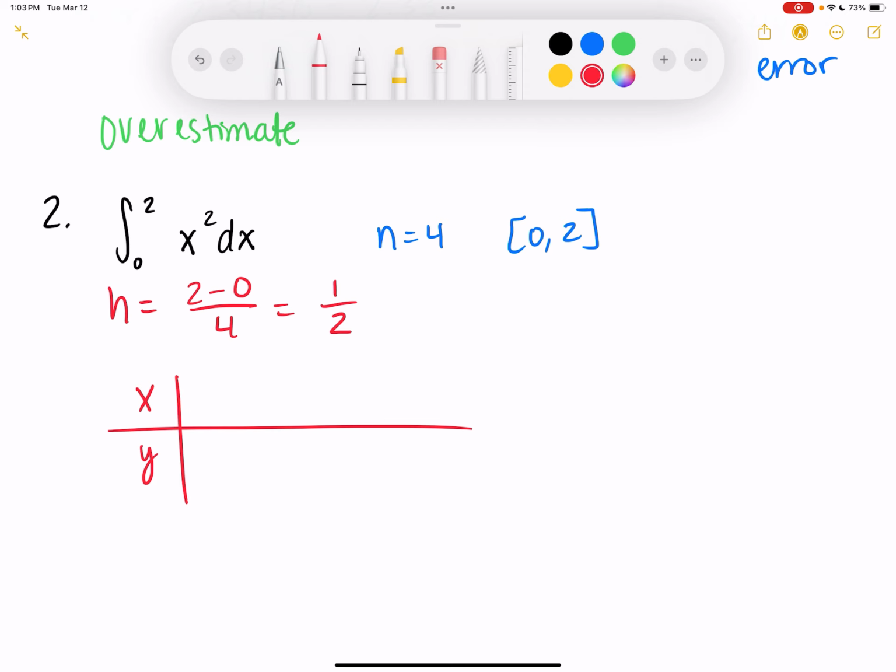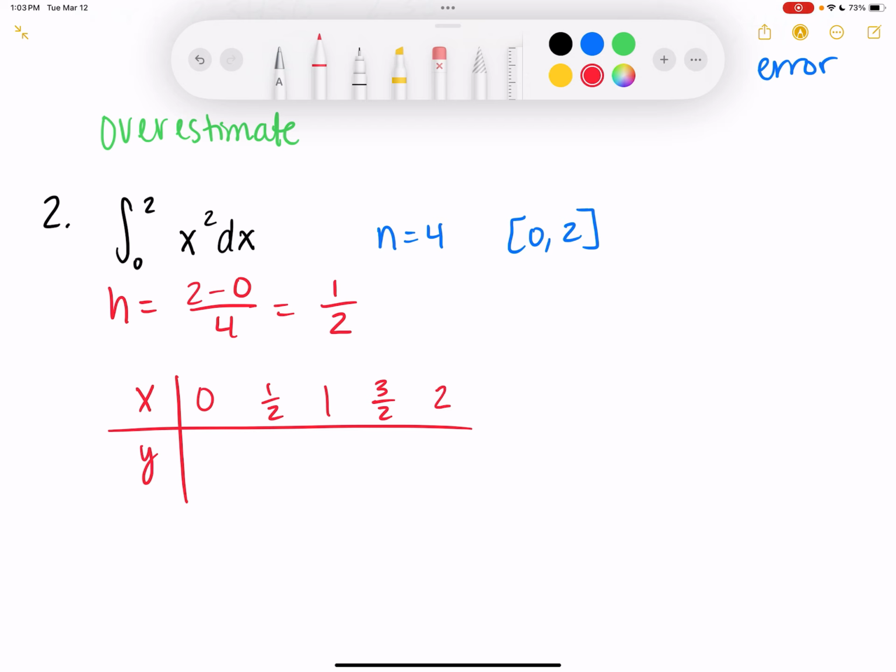So the first one is 0, the first endpoint. We're in increments of 1/2, so the next is 1/2, then 1, then 3/2, then 2. At the two endpoints, whatever gets plugged in is what we use, but the ones in the middle get multiplied by 2 for the trapezoidal rule.